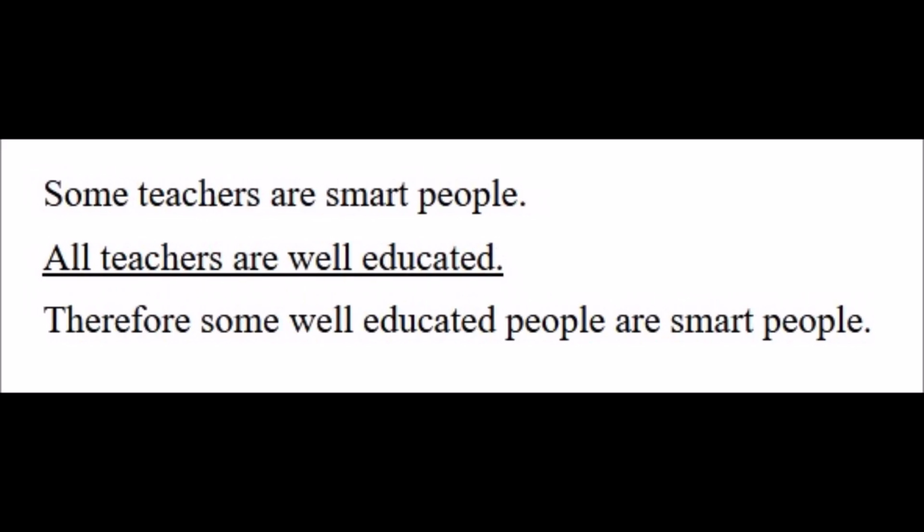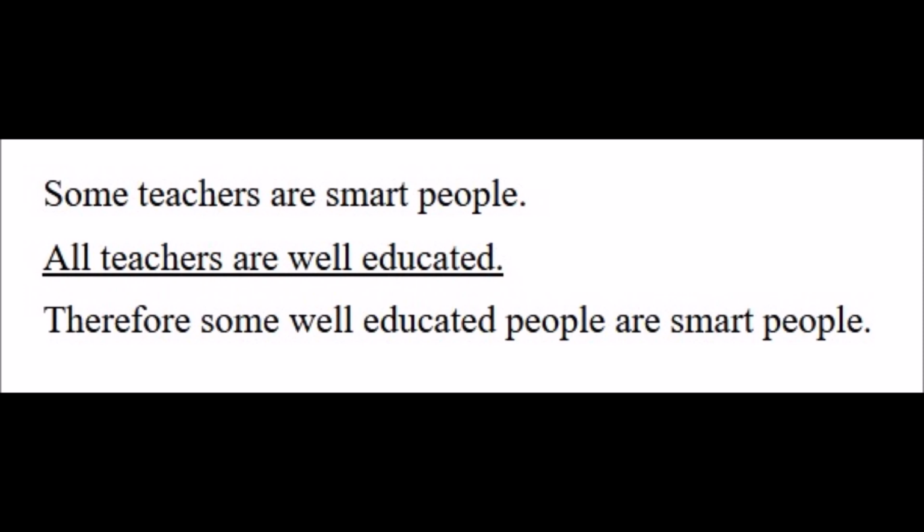Some teachers are smart people. All teachers are well-educated. Therefore, some well-educated people are smart people. In this case, we have affirmative premises, one of which is particular, which allows the particular conclusion.